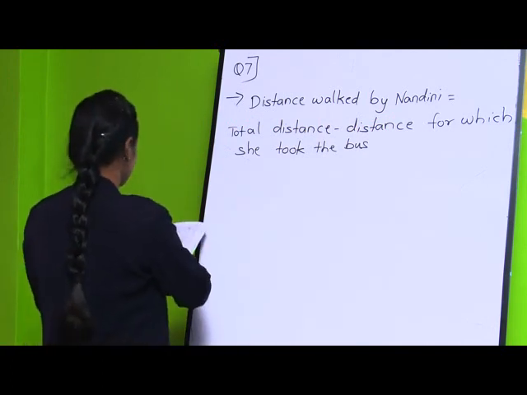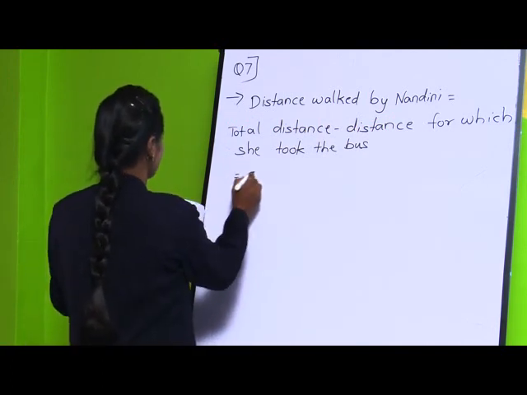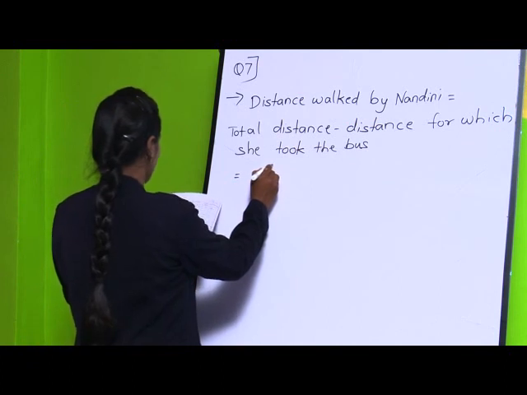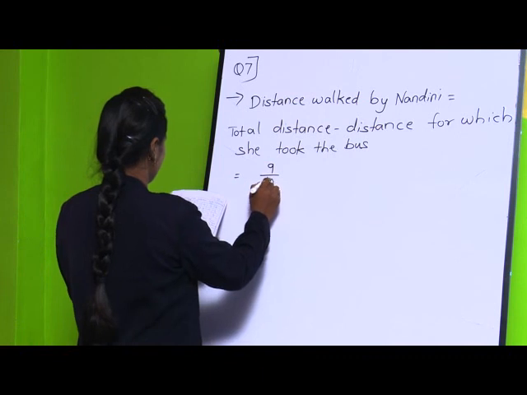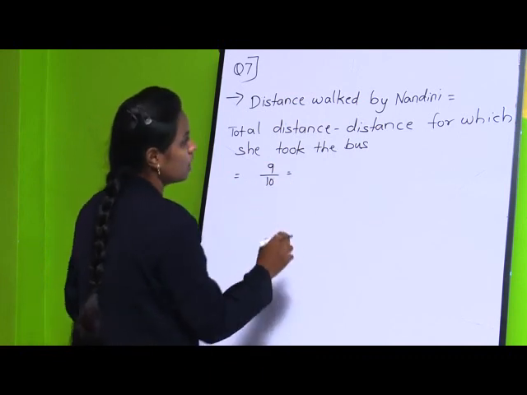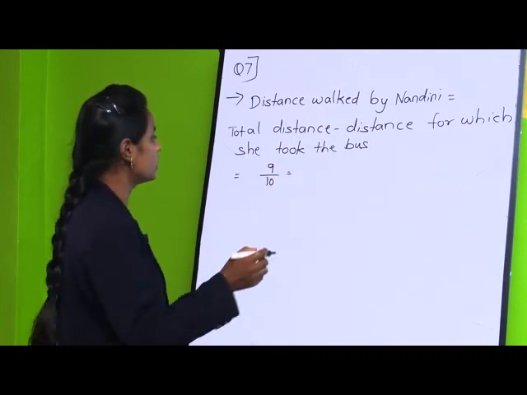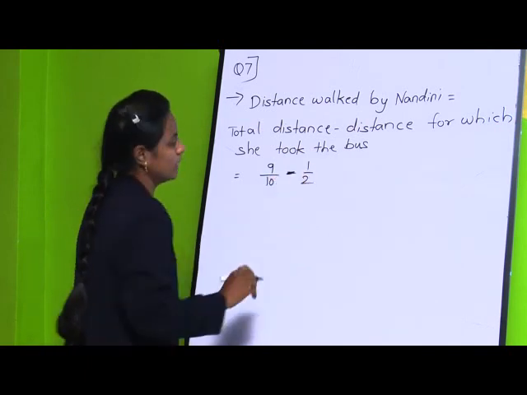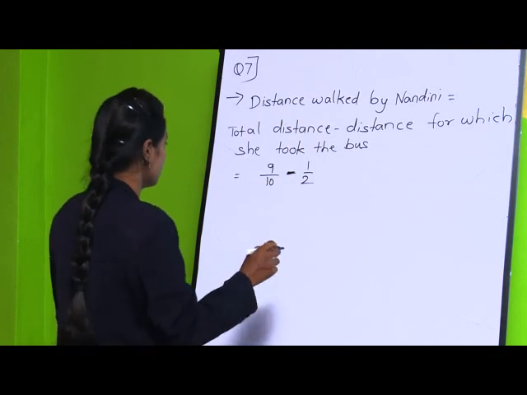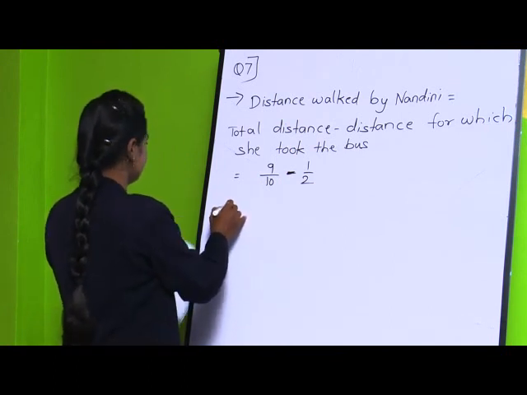You can see now here, distance walked by Nandini 9 by 10, and she took a bus for how many kilometers? 1 by 2 kilometers. So we need to find here.